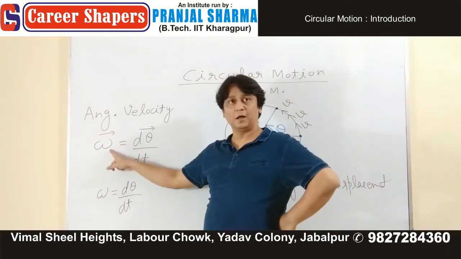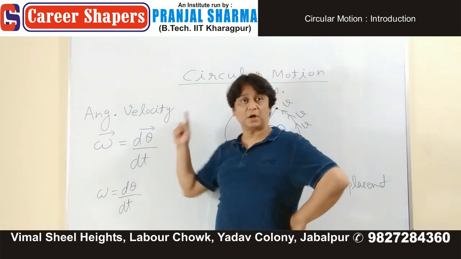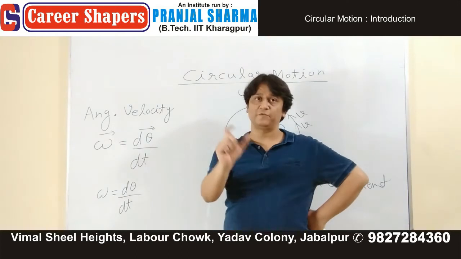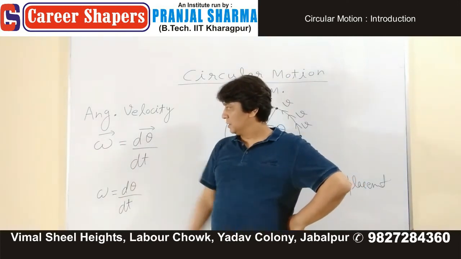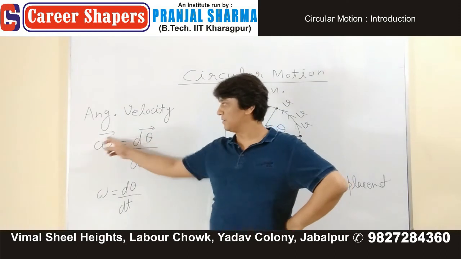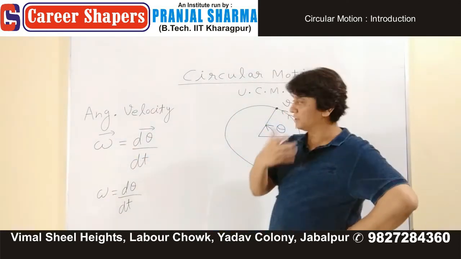So omega is always a vector. But theta, angular displacement, is a vector only if it's very, very small. To save time, you'll find that we don't use these things. And why we don't, things will become clear.